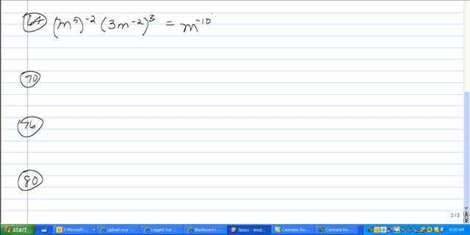We want to multiply our exponents. Now we have to cube 3. 3 cubed is 27. M to the negative 2 cubed, we multiply the exponents, we get m to the negative 6. So in front we have a 27. Adding our exponents, we get negative 16. So that's going to be 27 over m to the 16th, because this is 1 over m to the 16th. And we would think of this as 27 over 1.